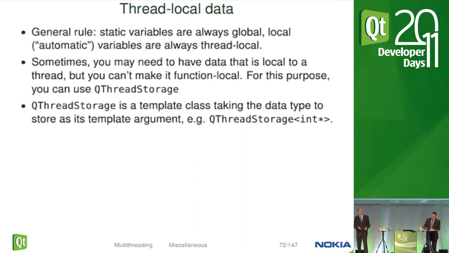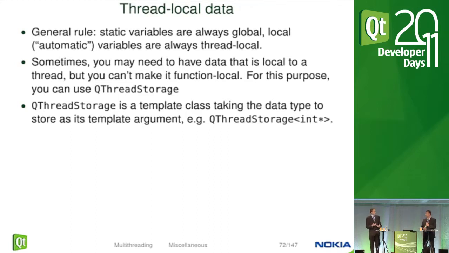Typical use case is something like a per thread singleton. Like the singleton pattern, right, where you have an object that only exists in one single instance in the entire process. But there's some cases where you actually want something that exists exactly once per thread. Think about stuff like database connections. So you usually can't do database queries on the same connection coming from different threads, but you only want one connection per thread.